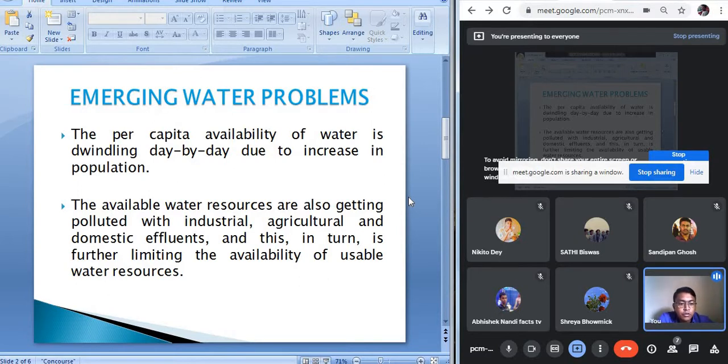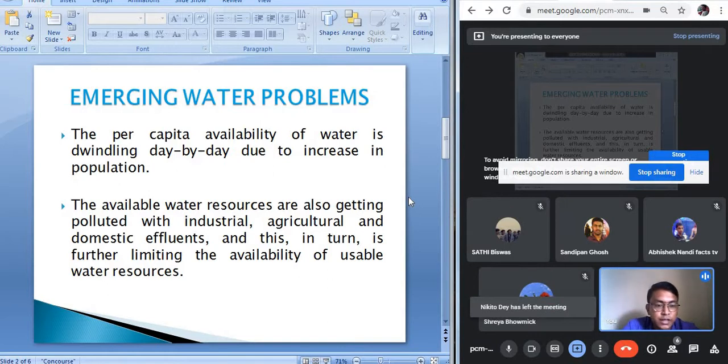We all know that the amount of water available on the earth's surface is fixed, especially the freshwater resources. The quantity of water is fixed, and on the other hand there is an increase in population. So when the population increases, the average amount of water available to a single person is decreasing day by day.